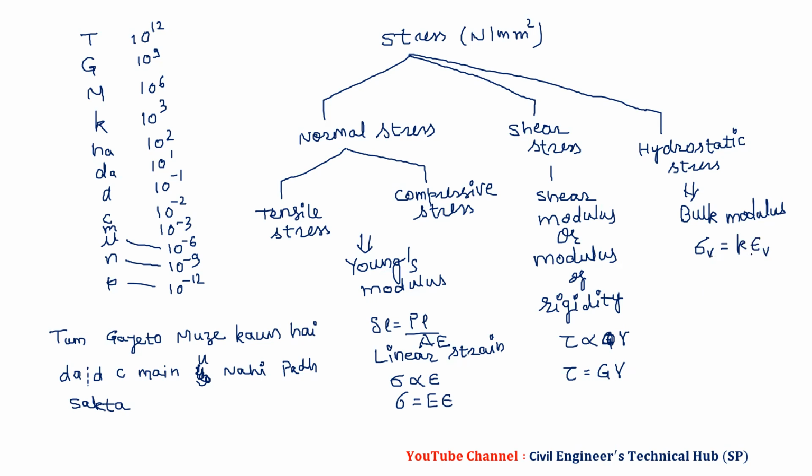So volumetric stress is directly proportional to volumetric strain. And for volumetric strain, we have change in volume upon original volume. Because strain is change in dimension.